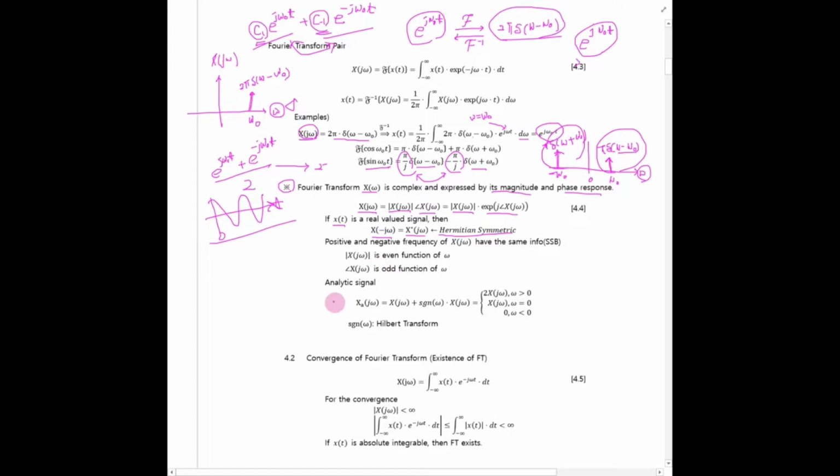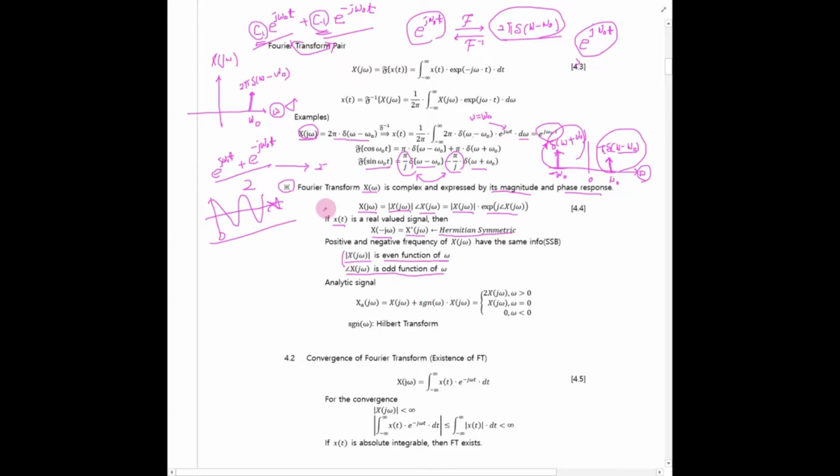And if it satisfies these conditions, then the positive frequency component and negative frequency component have the same magnitude. Okay, magnitude should be the same. It means that the magnitude is an even function, but the phase term, the complex term, is the opposite by the conjugate. So the angle should be an odd function of omega.